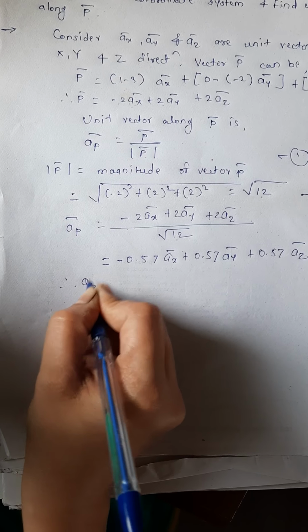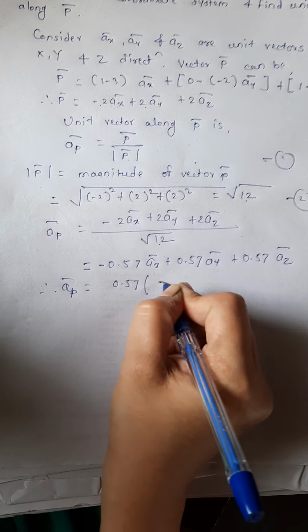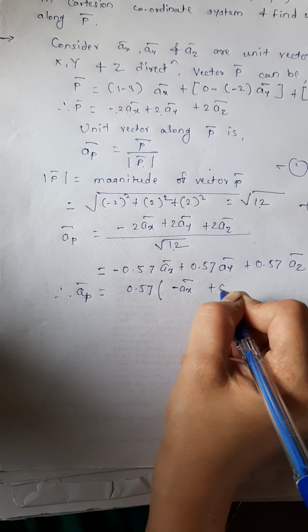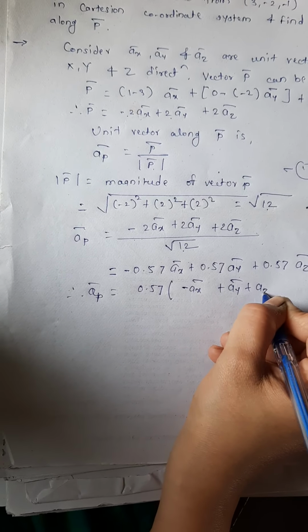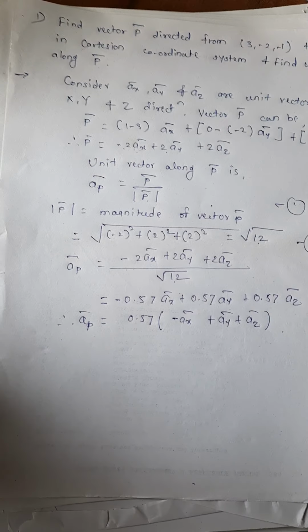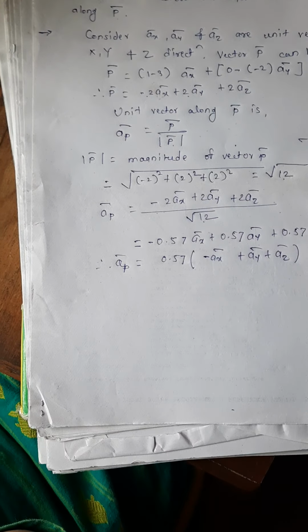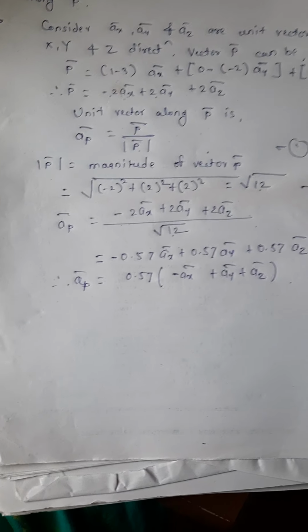So a p bar is 0.57 common outside the bracket, minus ax bar plus ay bar plus az bar. So this is the value of unit vector along p bar.